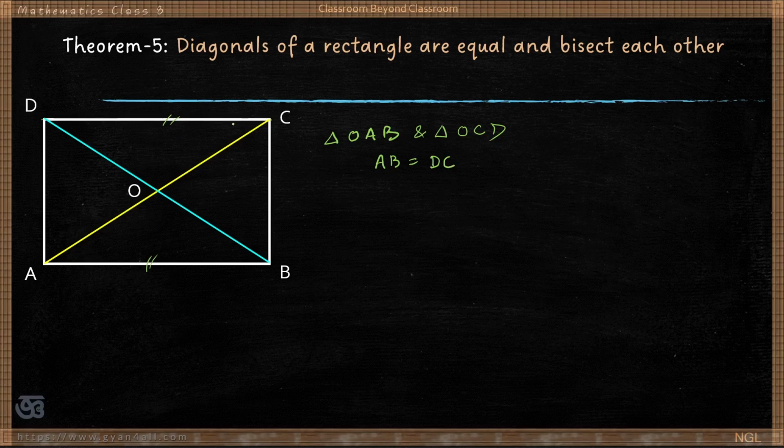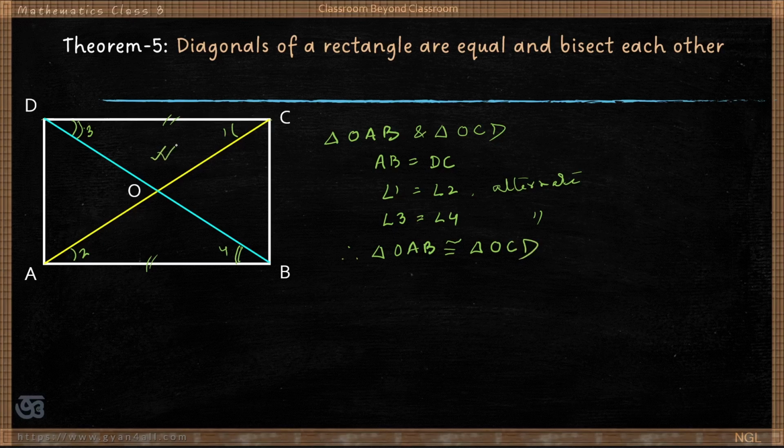Now you see this angle, say angle 1, is equal to this angle 2. Angle 1 is equal to angle 2 because they are alternate angles. They are alternate angles because DC is parallel to AB and CA is a transversal. Similarly, this angle, say this is angle 3 and this is angle 4. Angle 3 is equal to angle 4. They are also alternate angles. Therefore, triangle OAB is congruent to triangle OCD.